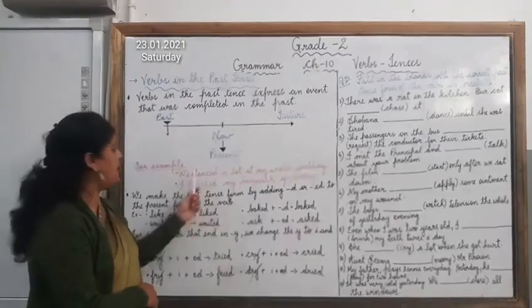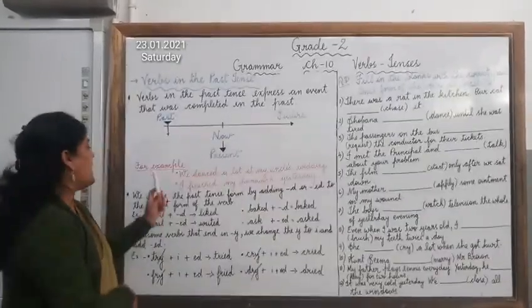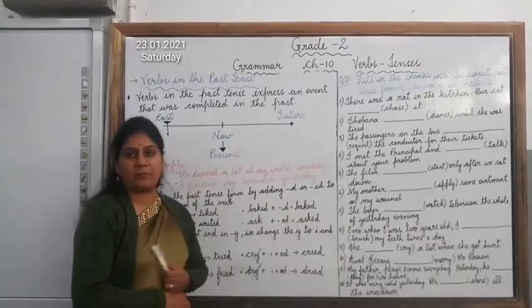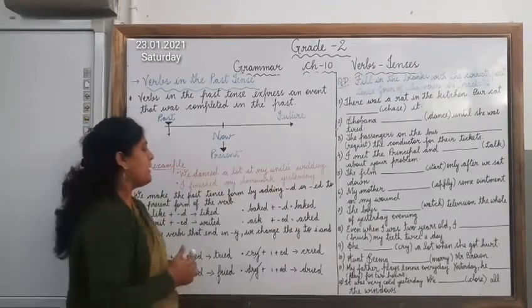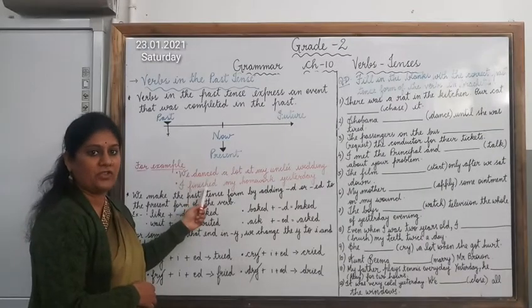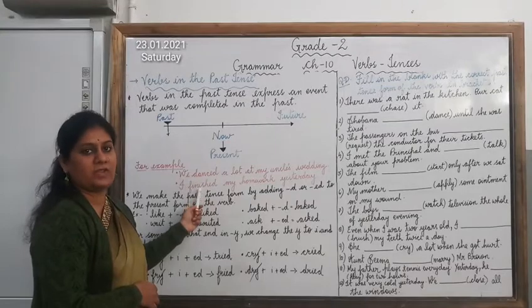Spelling of danced will be D-A-N-C-E-D. Okay. Now in the second sentence, I finished my homework yesterday. We are talking about yesterday, the day which has already gone. Okay children, so here the verb finish has become finished as we have added ed to the verb.